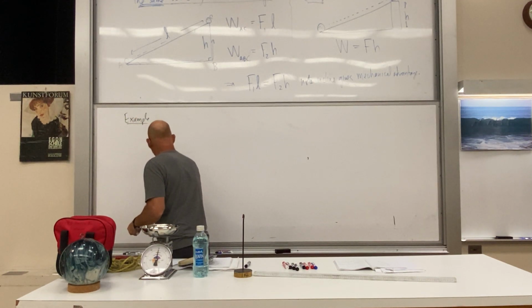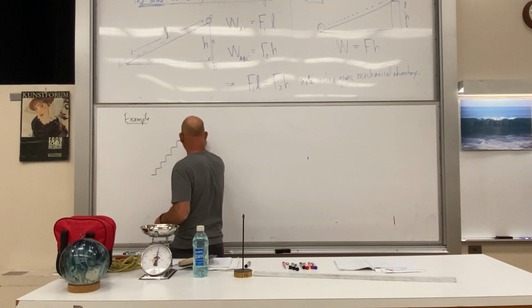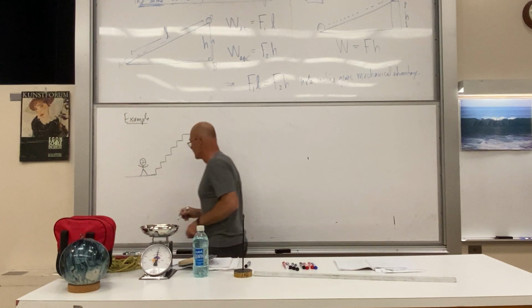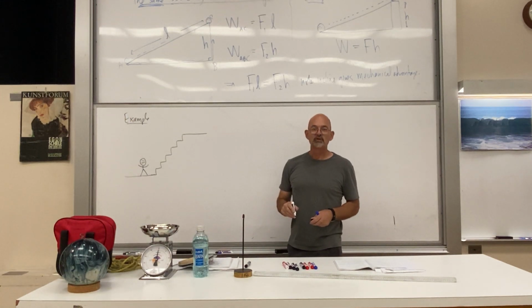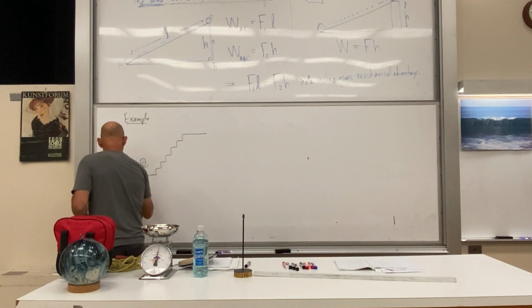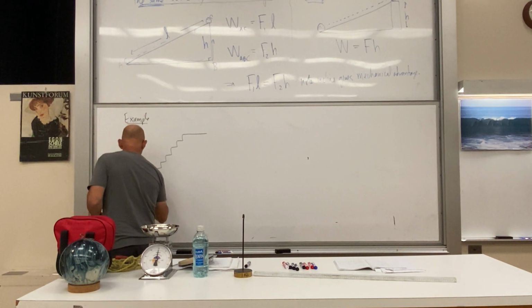So now I'm going to talk about a stair climb, and I'm the one climbing the stairs. So let's just say I'm 900 newtons. That's my weight. Force, 900 newtons.